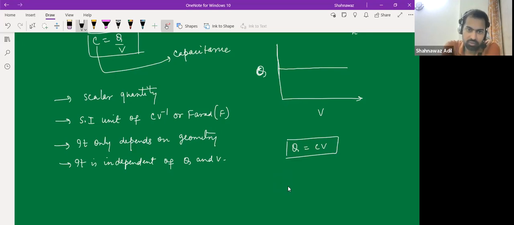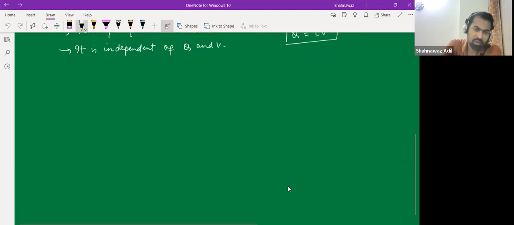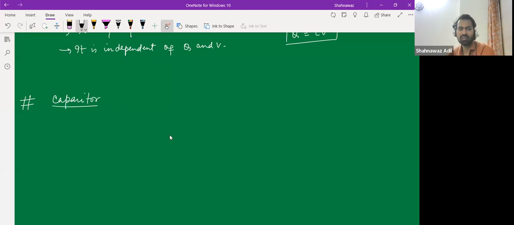Okay, so now the next topic is capacitor. So we understood about capacitance. Now the next topic is capacitor. So capacitor is what? Capacitor is an energy storing device, right?